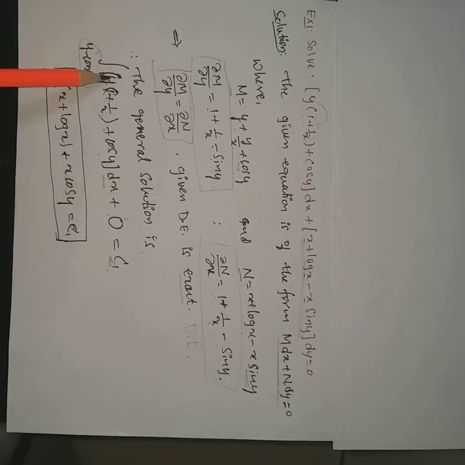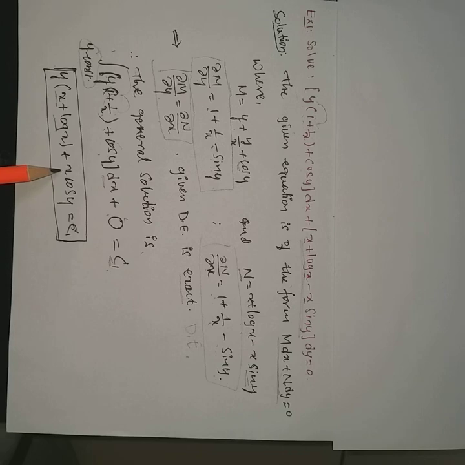Since y is treated as constant, I will take it outside the integral sign, and integrate the terms one by one, since integration is a linear operator. So this becomes y into the integration of dx, which is x, plus the integration of 1 by x, which is log x. For the cos y term, y is constant, so cos y comes outside and the integration of dx is x.